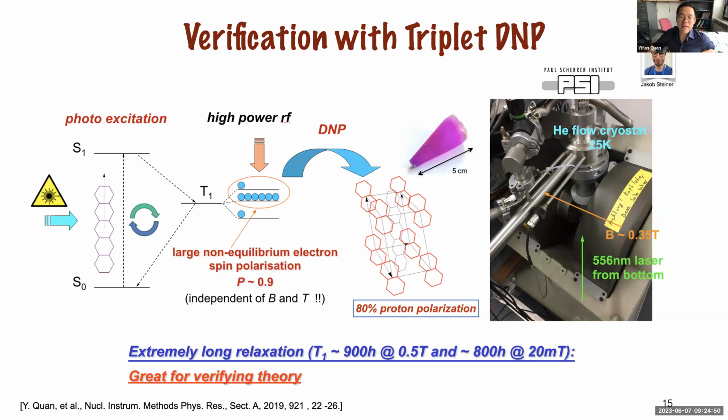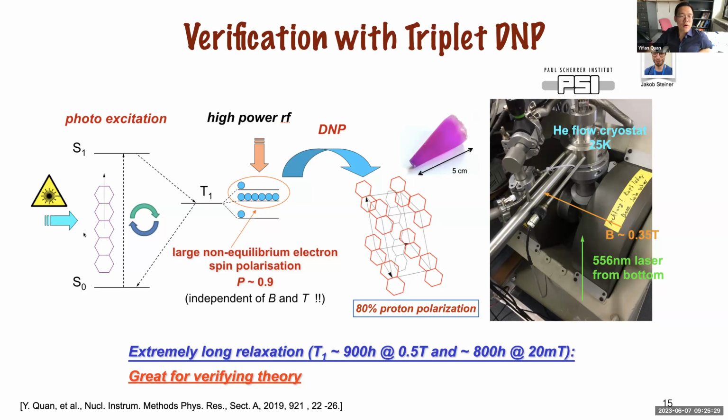Now we have theoretically understood what's going on with chirped DNP. We want to experimentally verify our theory. So this was done with triplet DNP at PSI, headed by my former colleague Jakob. Instead of using stable radicals, we use a photoexcited triplet state. The sample we use is a naphthalene single crystal doped with pentacene molecules. Here is an example of a nice crystal that can be grown to large size also.